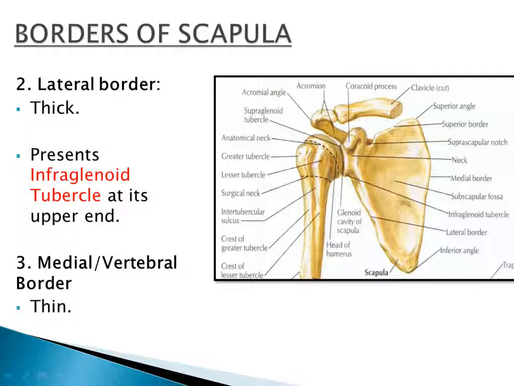The medial border is thin and it runs from the superior angle up to the inferior angle. This medial border is near the vertebral column, hence it is also called the vertebral border.